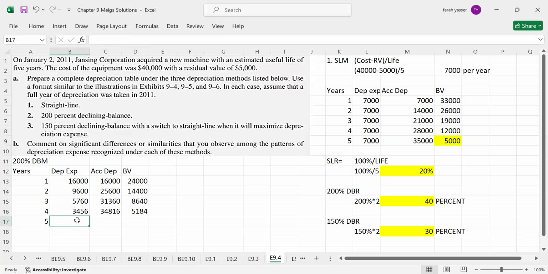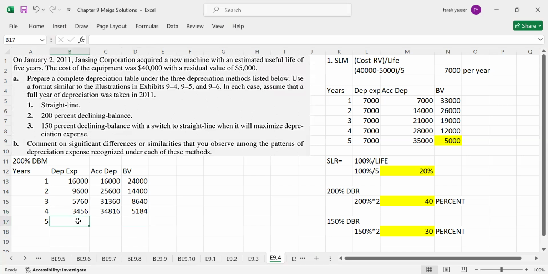Now in the last year, we will have to take care of this residual value. This should be the book value at the end of the last year, the last year of the useful life.